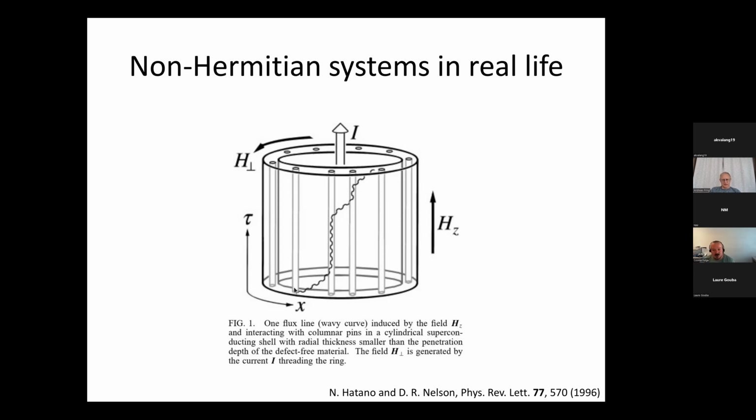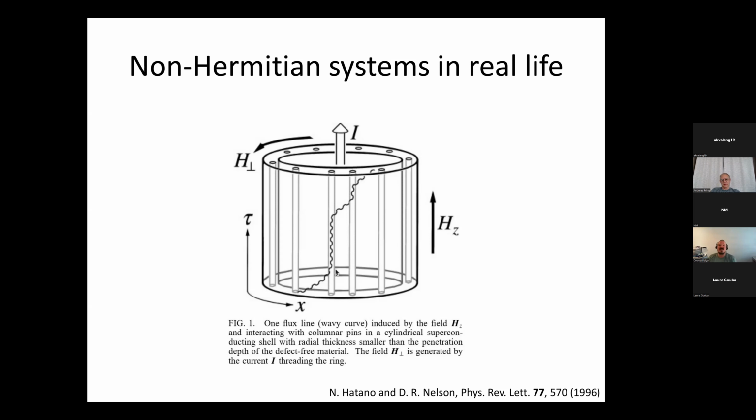So then effectively all of these flux lines, they describe the evolution of some kind of particles as a function of tau, which is time effectively, a direction along the cylinder. And then you will see that these particles, they hop from one side to the other, from one columnar pin to the other, but they hop preferentially in one direction.